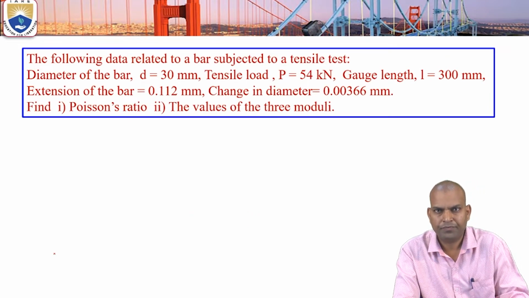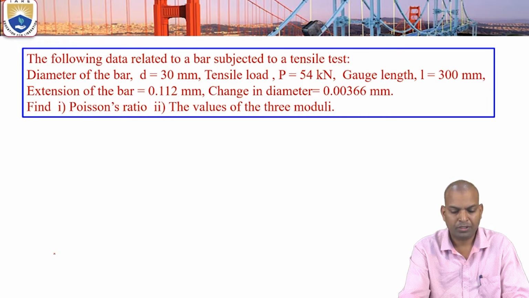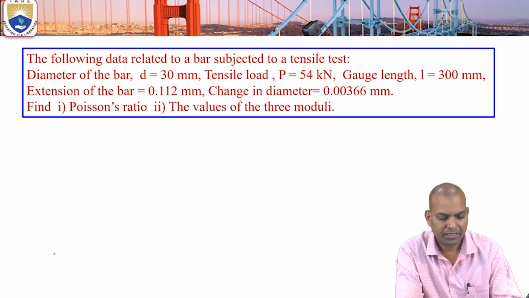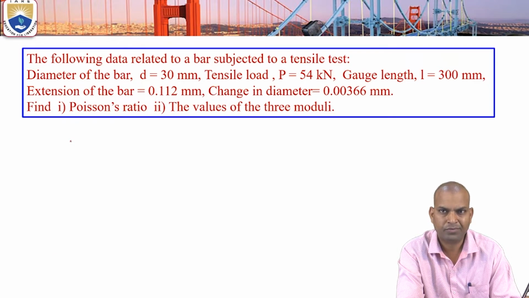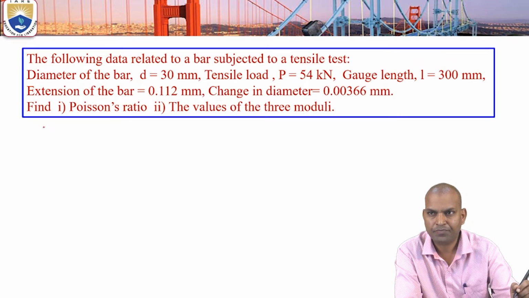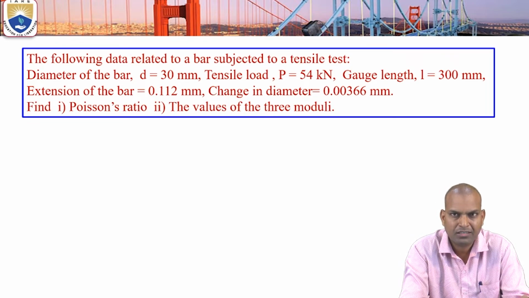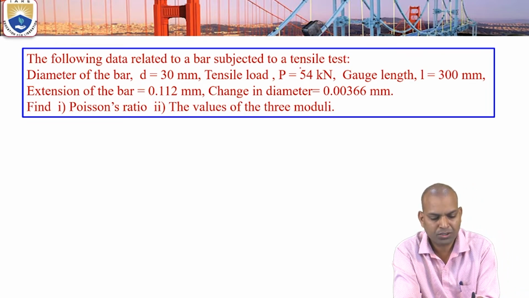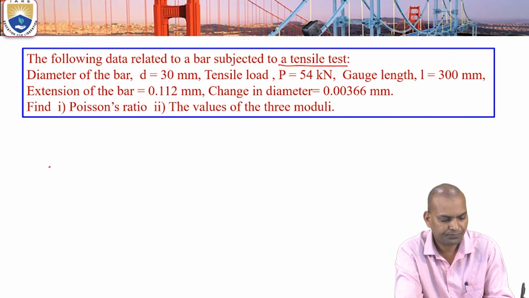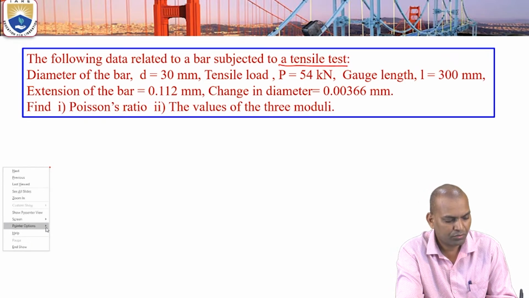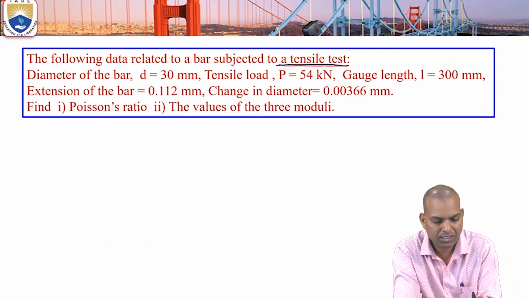The third problem is very important, a model for understanding Poisson's ratio and elastic modulus, which we can calculate from this data. This problem also covers all elastic constants that can be calculated by using this data. Here is the following data related to a bar subjected to a tensile test.